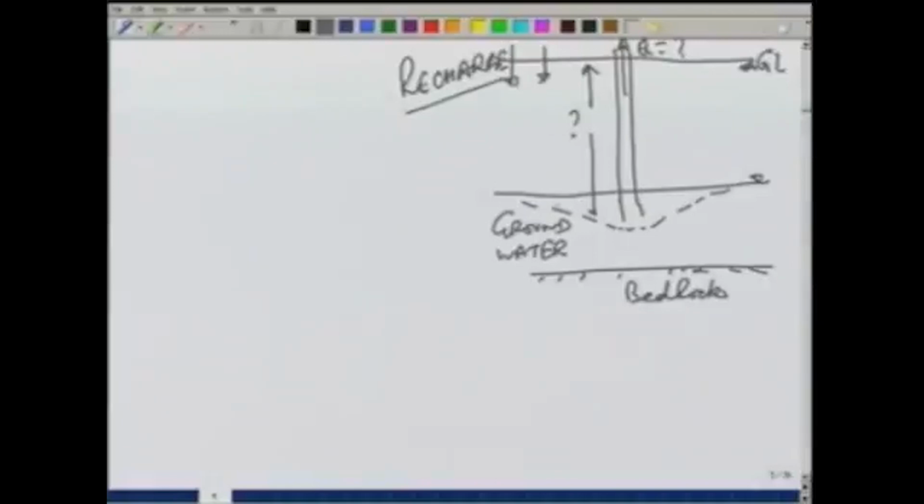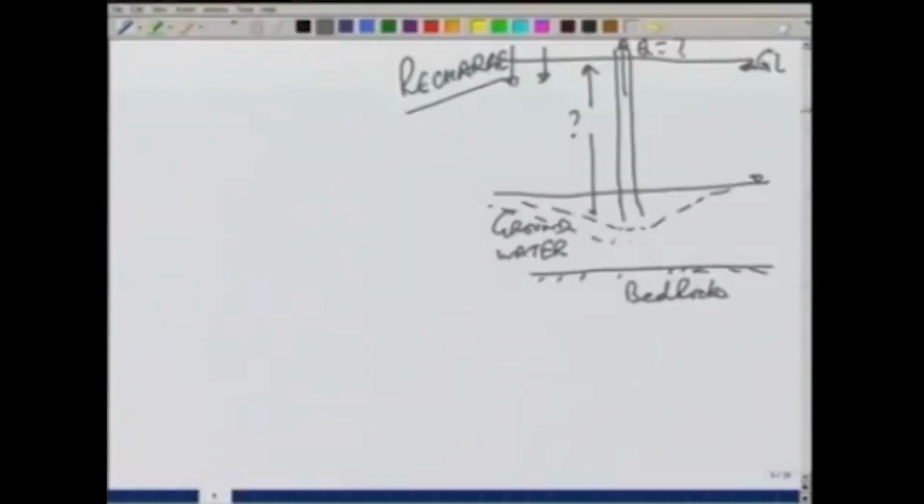So, that recharge, if we want to be on the safe side, then our pumping should not exceed the recharge, but typically it does not happen, because typically we need the pumping in areas where the rainfall is low or in arid zones, and therefore, the recharge is very small. Therefore, typically the pumping rate is much higher than the recharge, and slowly the groundwater level starts to go down. So, with time we will see a lowering of the water table.